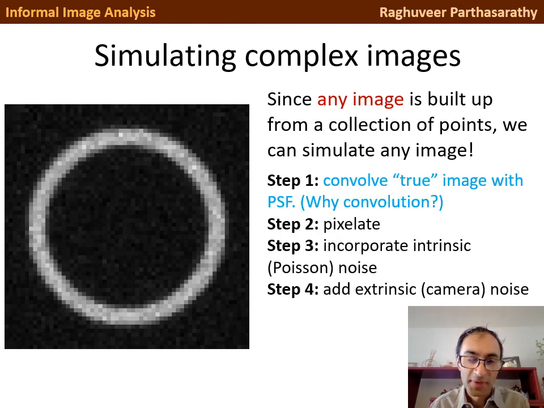Since we're not starting off with a point source, we don't start off at step one with just the point spread function, but rather we take our, quote unquote, true ultra high resolution image and convolve it with the point spread function to get our blurred image of step one. And I'll leave it as an exercise to you to think about why convolution is the right thing to do here. Then, as before, we pixelate and incorporate both the intrinsic and extrinsic noise.